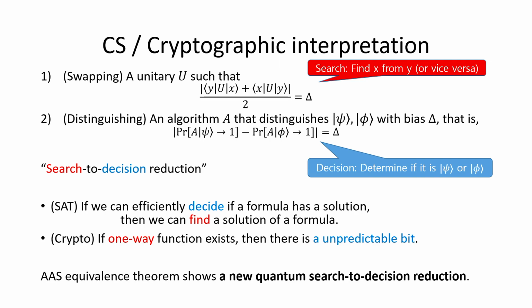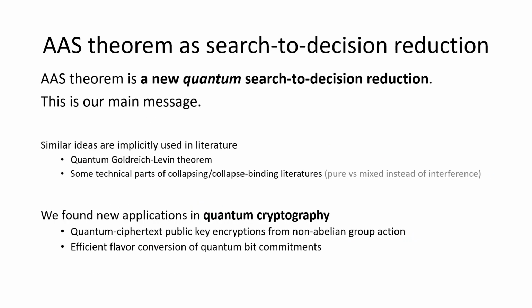In cryptography, we usually assume a minimal assumption like a one-way function, but at some point we want to prove some decisional hard problem, so we need a search-to-decision reduction. I think this is our main message: the theorem is a new quantum search-to-decision reduction.